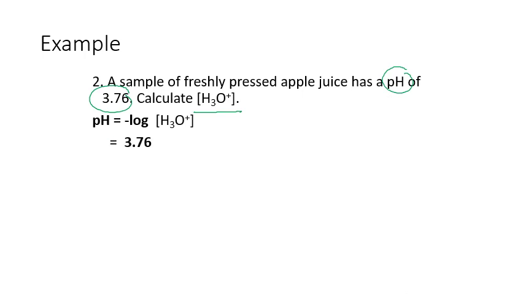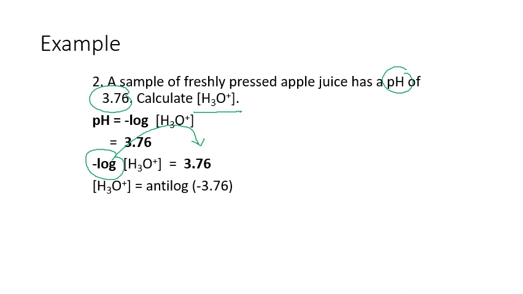But this time we have 3.76 given, so negative log [H3O+] is equal to 3.76. If I want to move this negative log to the other side, what we do is take the anti-log of negative 3.76.